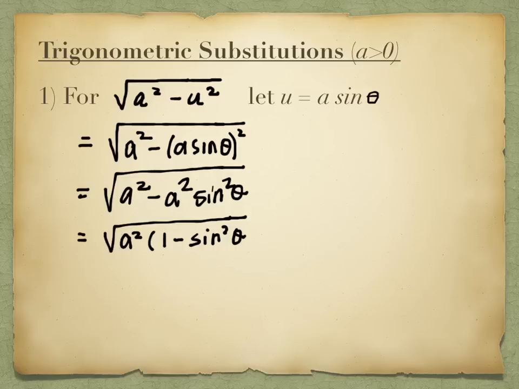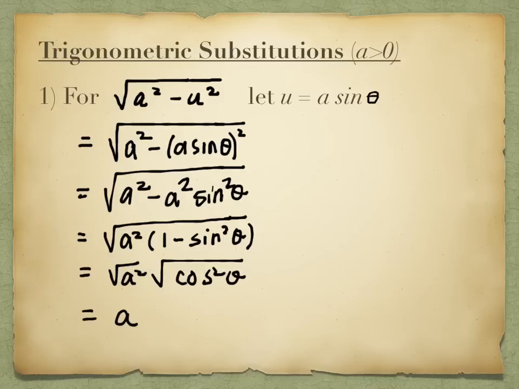Well, once I get things in factored form, one of the properties of radicals from way back when that you've seen before is that you are actually able to separate these square roots. Now, while I do this, let me also make note of the fact that what is 1 minus sine squared? That is cosine squared. So what is the square root of a squared? A. And what is the square root of cosine squared? That is cosine.